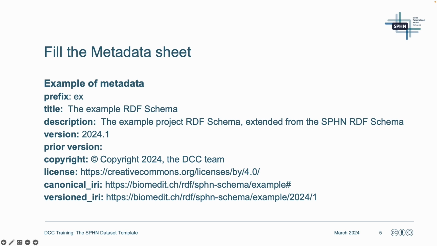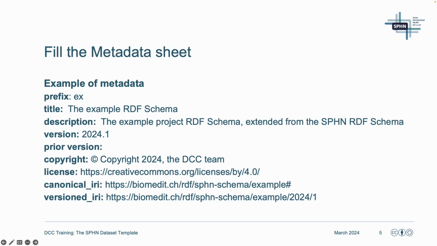First, give it a prefix, a title, and a description. You then need to provide version information. Here, you can see that the first version of the project RDF schema in 2024 is being defined. In case the project had created another version of an RDF schema previously, you can refer to it as a prior version.